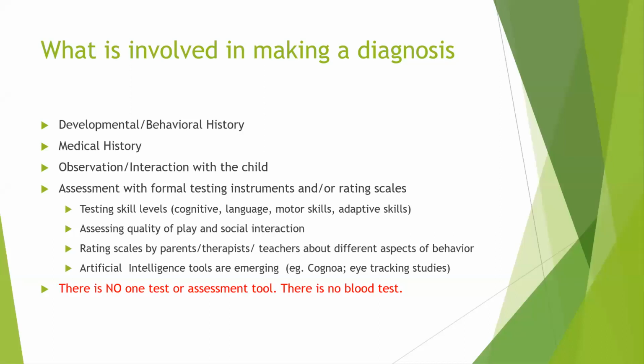Cognoa is a software that has just been approved by the FDA, and it's based on a software that has healthcare providers as well as parents filling out the software, and then the software running an algorithm on that, and then figuring out whether or not, yes, this child meets autism spectrum criteria, and no, this child does not meet it, or no test result, meaning they could not tell otherwise based on the input that was placed in the program.